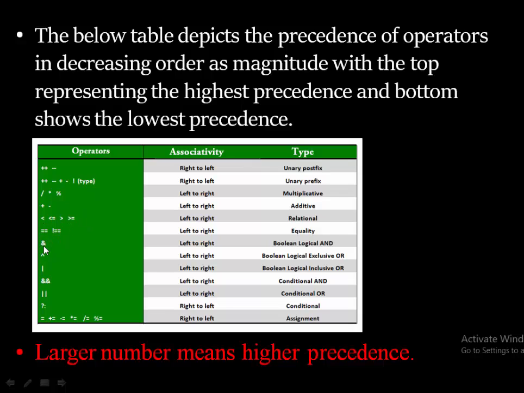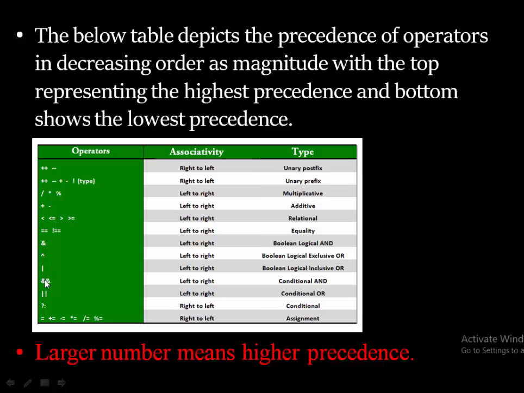Next, the logical and operator, and after that the logical or operator. The logical and operator has higher priority than the logical or operator, and after that the exclusive or operator, which has lower priority than the logical and operator.